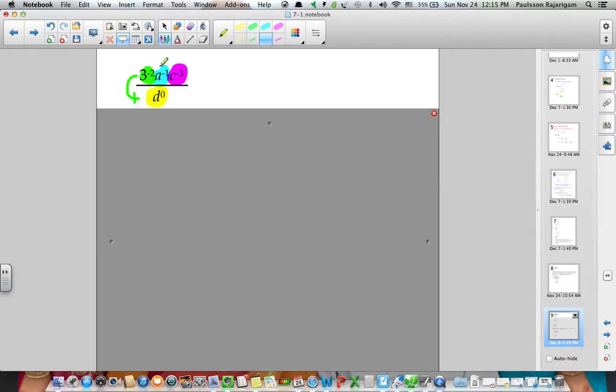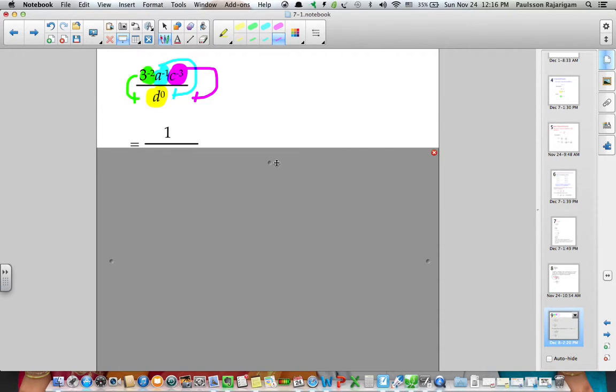I'm also going to move the a to the negative 1 to the denominator, and it becomes a to the first power. And I'm going to move c to the power of negative 3 also to the denominator, and it becomes c cubed. So what do I have in the numerator? All I have in the numerator is 1.